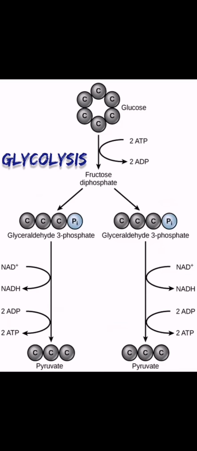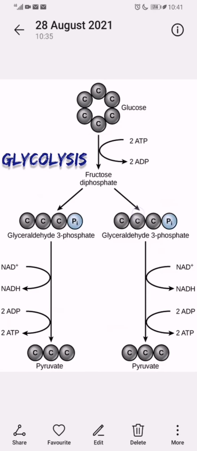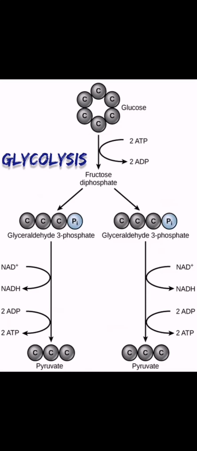Then that molecule of glyceraldehyde 3-phosphate gives away its phosphate group to an adenosine diphosphate molecule, and then in the end we have pyruvate produced. So this process produces more energy than was put in at the beginning, and it also produces pyruvate, which is a very energy-rich molecule that will be required in the later stages of respiration.